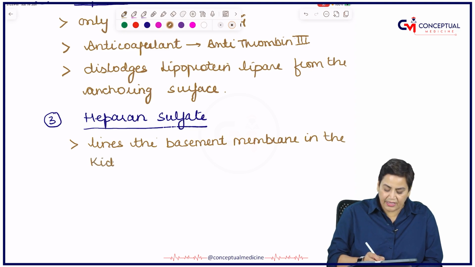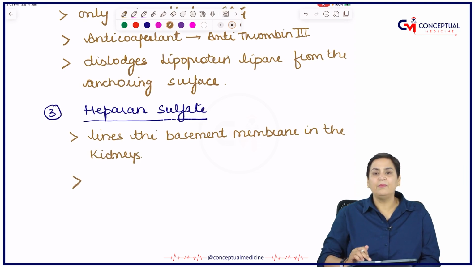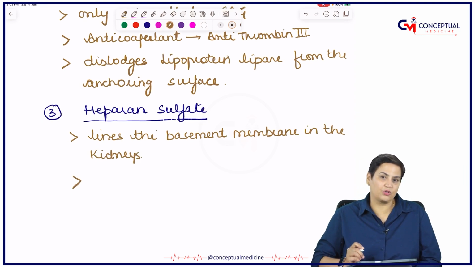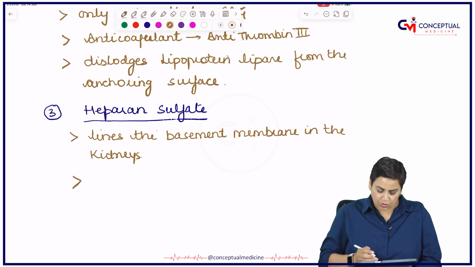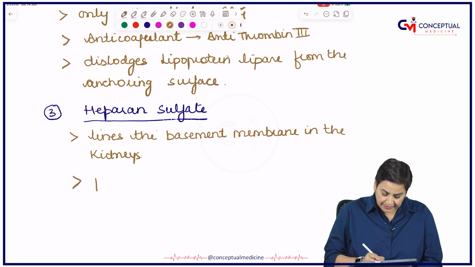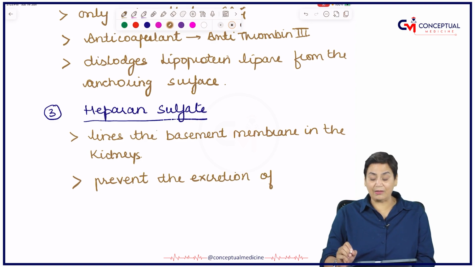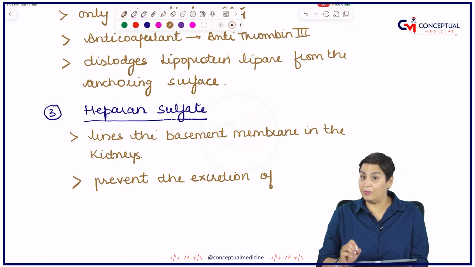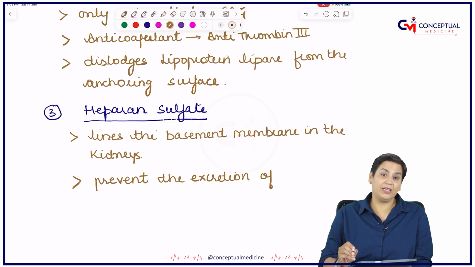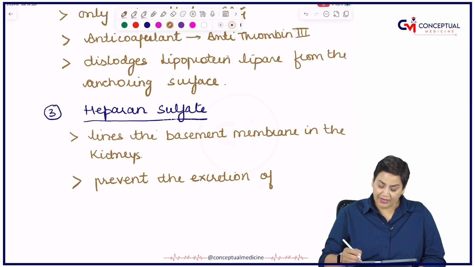Since it is lining, it will prevent albumin from passing through it because it is negatively charged. So it prevents the excretion of albumin, which is very important because if albumin starts coming in urine, that is microalbuminuria, the most sensitive indicator of DM.